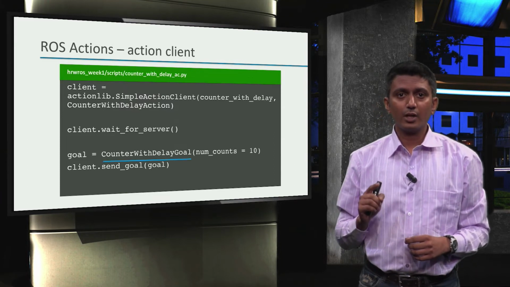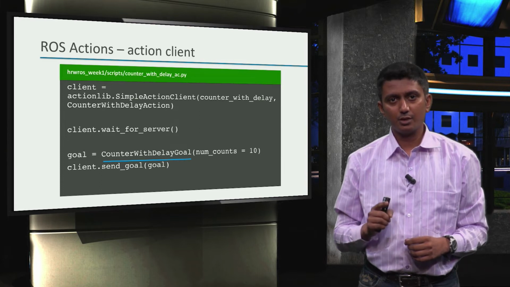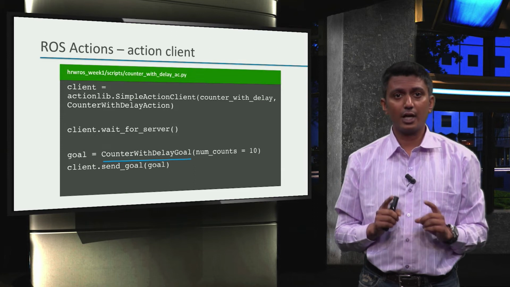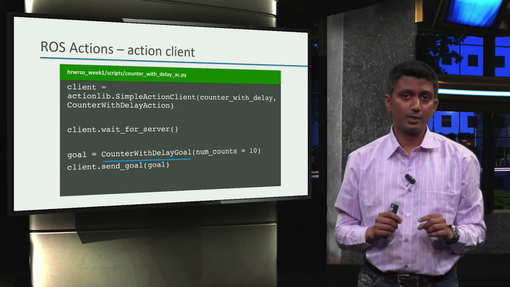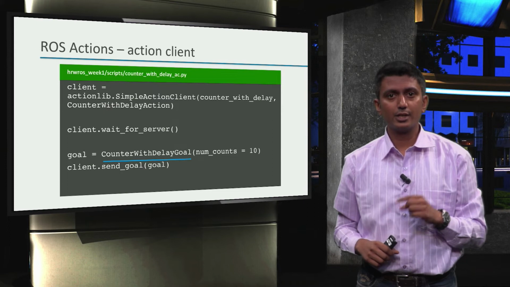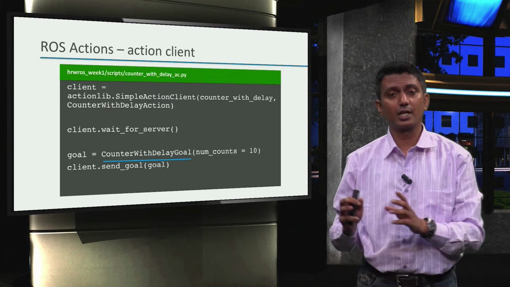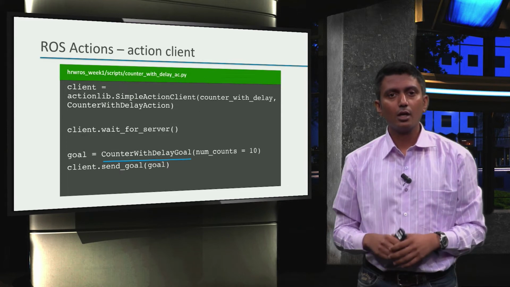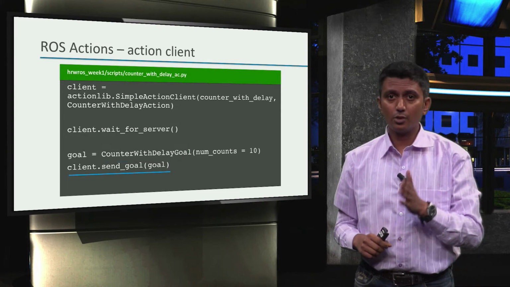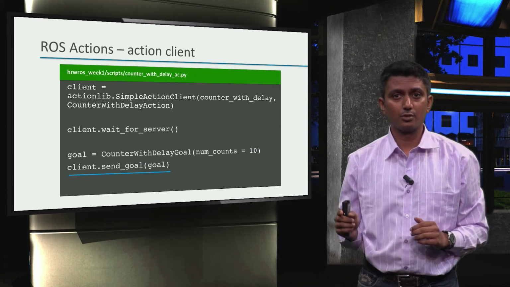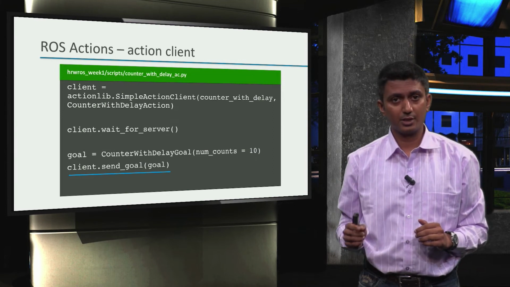We also notice that we use the message type CounterWithDelayGoal that does not have the word action in it. That is because the action client code is something that we as users develop to be able to leverage the facilities of the actionlib ROS package. And when we send the goal from our client, this goal is registered by the action server and the actionlib ROS package.